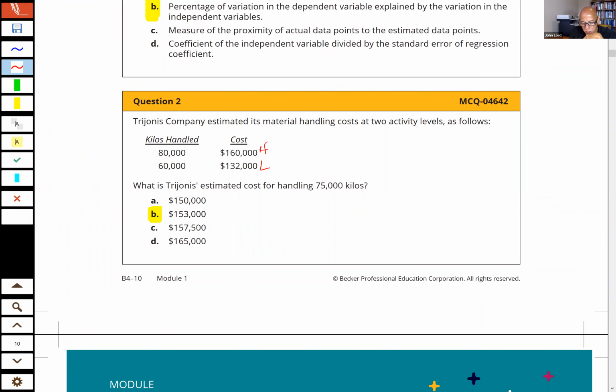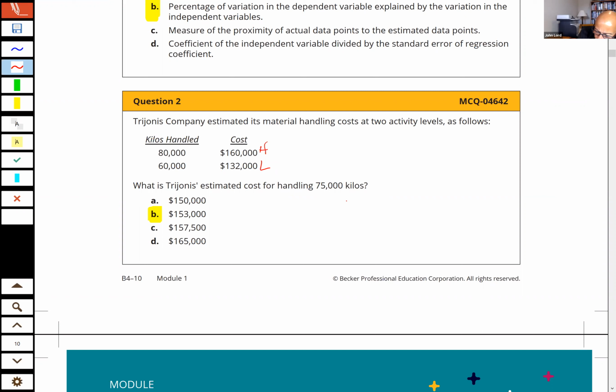The things aren't all lining up on that line. If that happens and they're asking you to use the high-low method, always look to the units. Always look to the number of units to pick whether you have a high or low. But here they matched: the high had a high cost and the low had the lower cost.